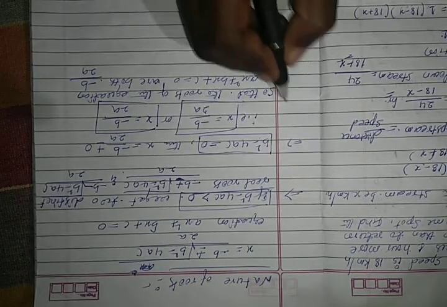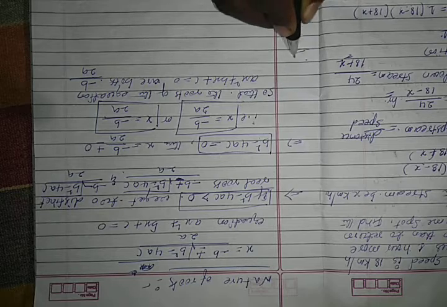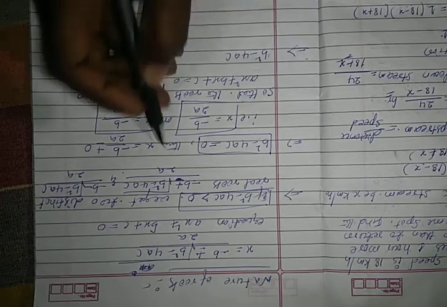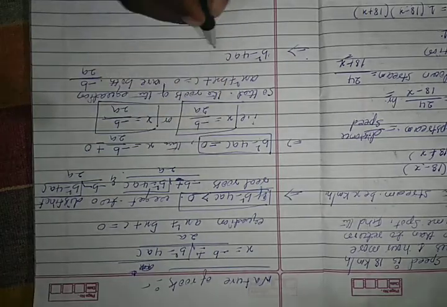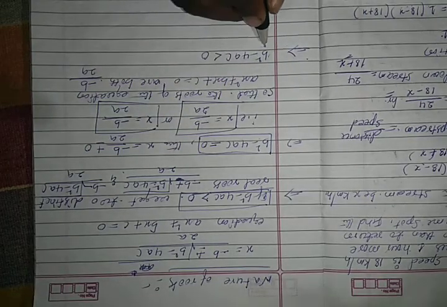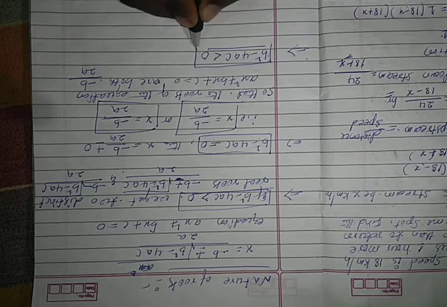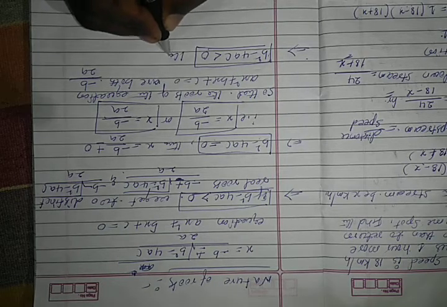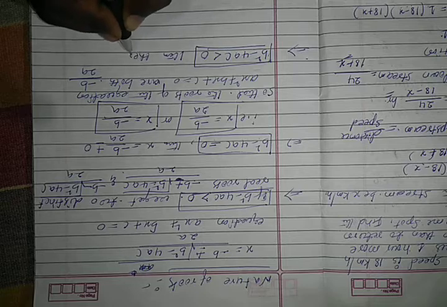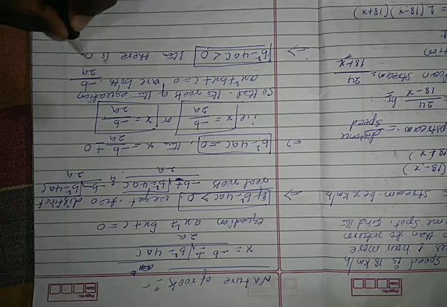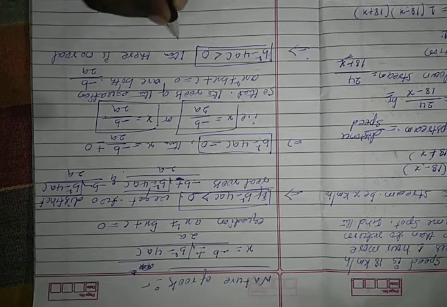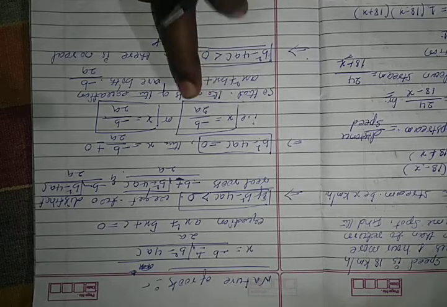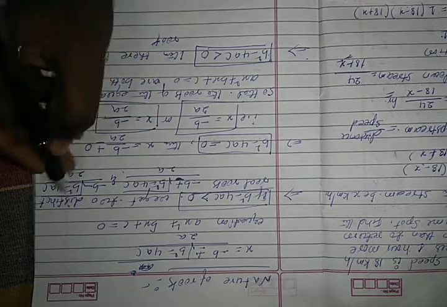Then in the next case, very important, if b square minus 4ac is less than 0, there are no real roots. Here it is two distinct real roots, there it is two equal real roots, and here it is no real roots.